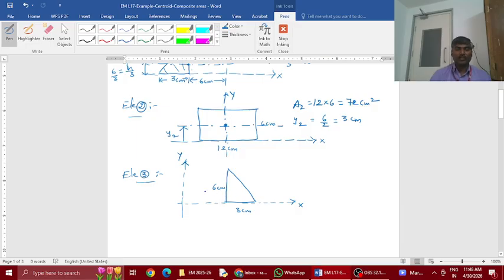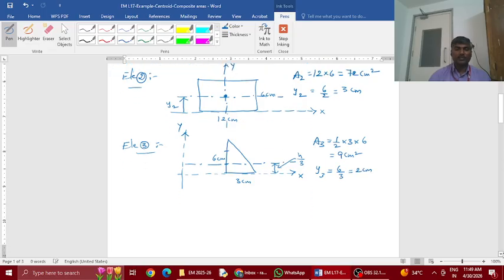Again, the centroid is located the same way: divide this into three equal parts, the centroid lies at h by 3. So this is h by 3 distance. Now A3 is half base into height, so this comes again to 9 centimeters square, and y3 is 6 by 3, 2 centimeters.